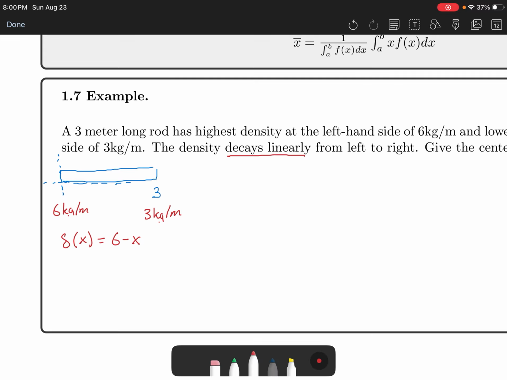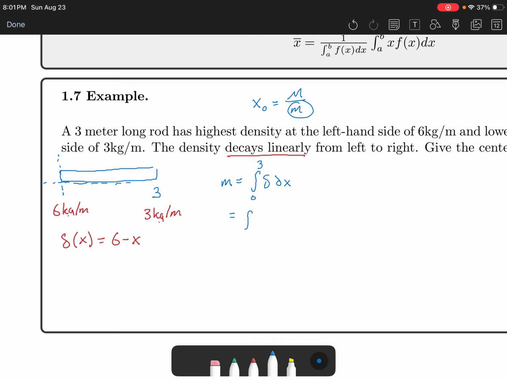So let's work on computing the mass, because remember, to find the x position, or the position of a center of mass, we need to find a moment divided by total mass. So let's work on total mass by integrating the density function.